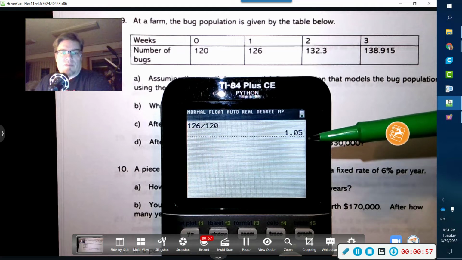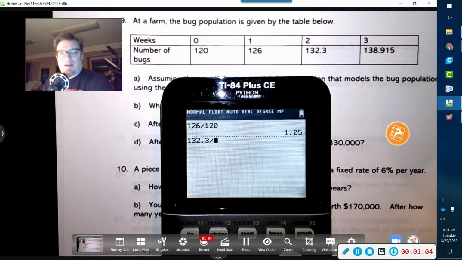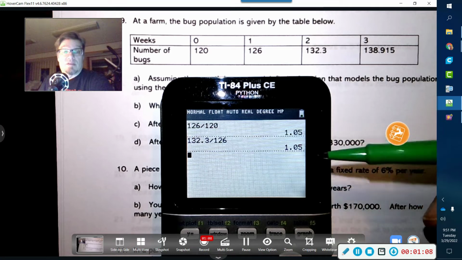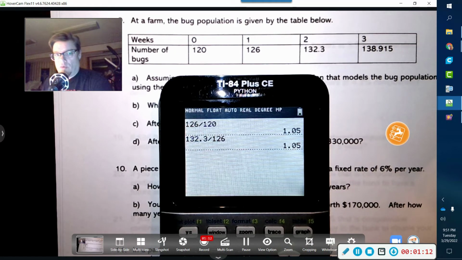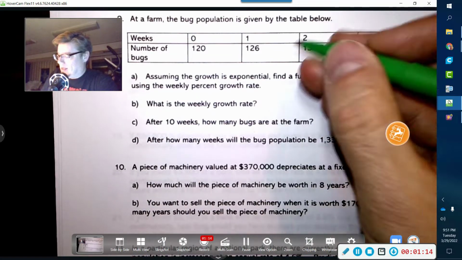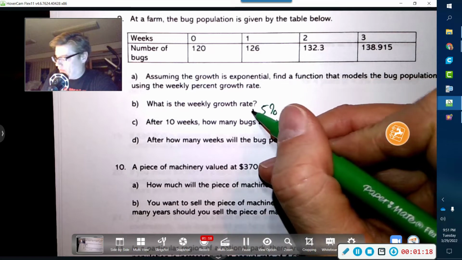That's a 5% growth. Now I'm going to take the 132.3 and divide by 126. Yep, that's also 1.05. So it is not a 105% growth rate. It is a 5% growth rate.